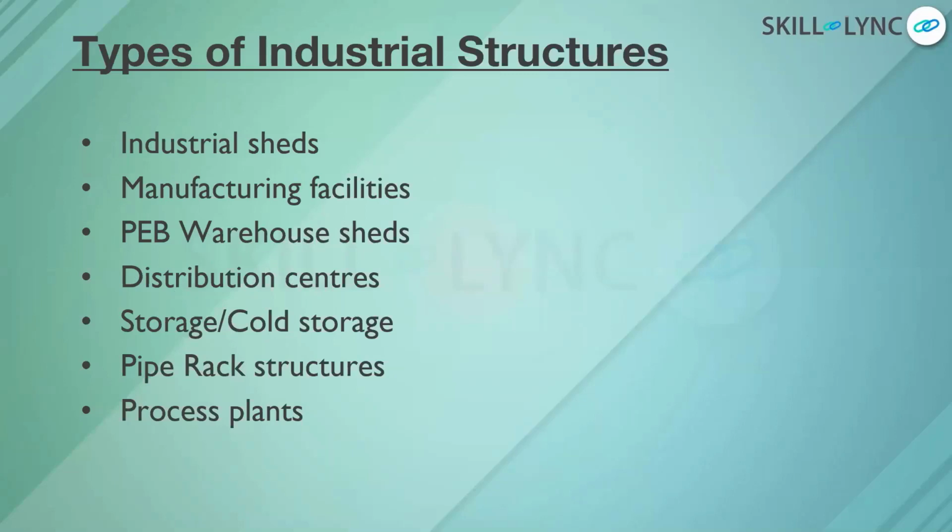And pipe rack structures: these are used if you want to transport material from one building to another through pipes, and that is where you see the usage of pipe rack structures. In any oil and gas project, pipe rack structures play an important role. And others are process buildings, where you have silos or any other buildings that will be of an industrial structure type.